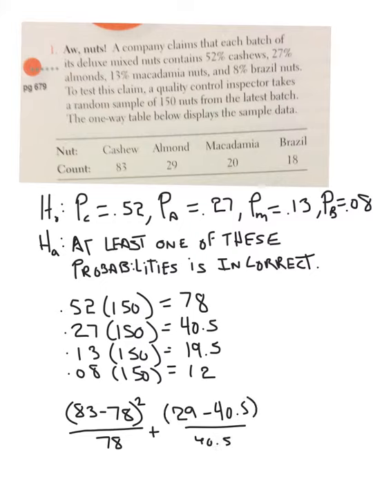Don't forget to square the top there. Crud, I'm not going to make it. 20, dang it, and minus, what is it, 19.5. Square it and divide by 19.5.